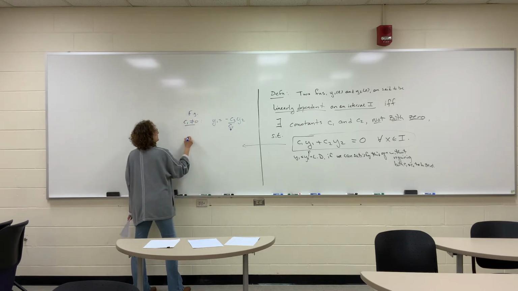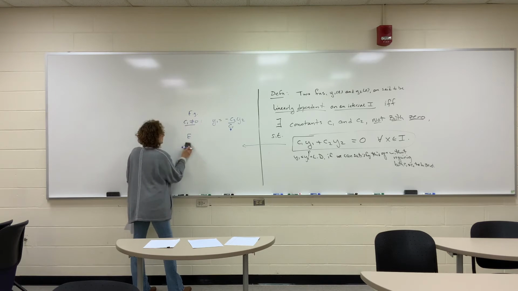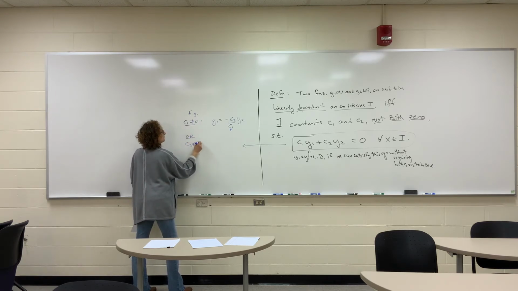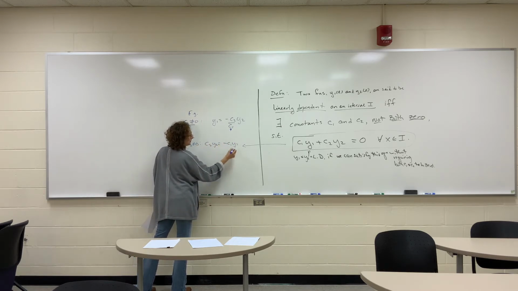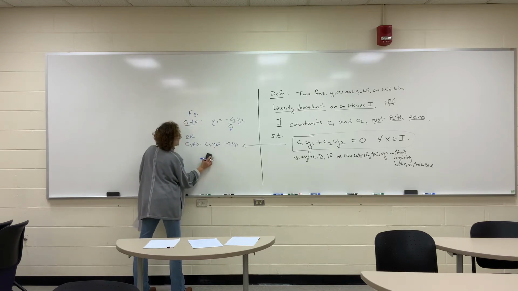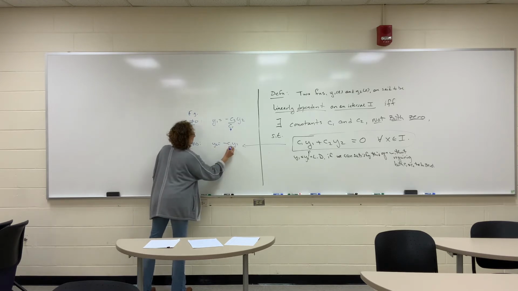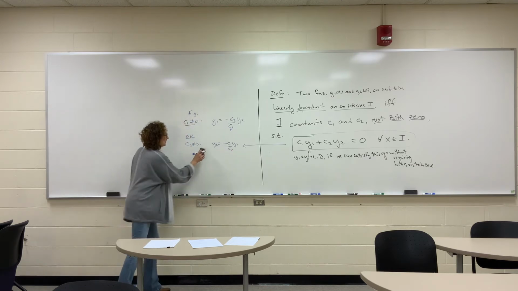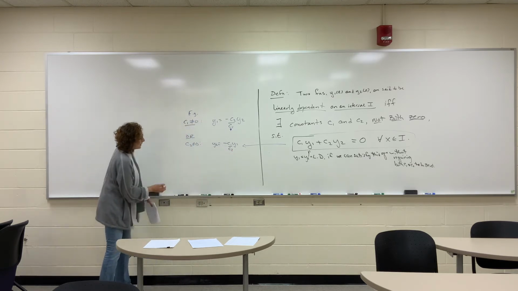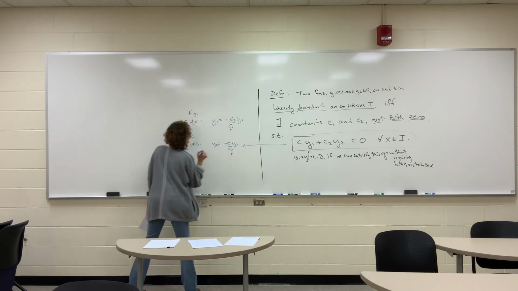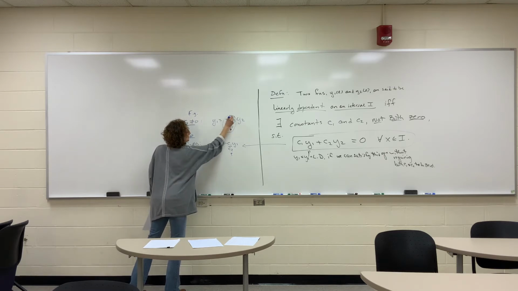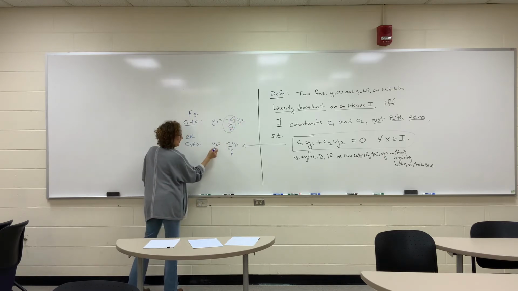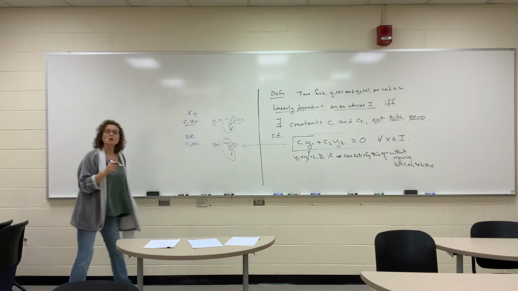And what if we were in the other case where C2 wasn't 0? Well, then I could say C2y2 is minus C1y1, and then I could divide by C2 and solve for y2 in terms of y1, right? Either way, whichever way it is, what I basically have is one function is a constant multiple of the other function.